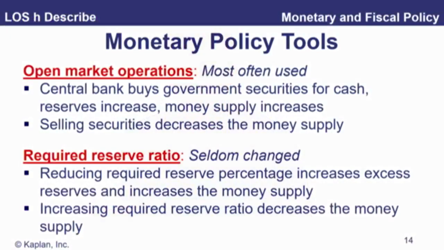That is therefore expansionary. If, on the other hand, the Fed is selling securities, that means what the Fed is doing is selling its bonds to its member banks, so giving its member banks promises of future payments and taking cash from them. If it is taking cash from them, it's decreasing their reserves, decreasing the money supply, therefore contractionary.